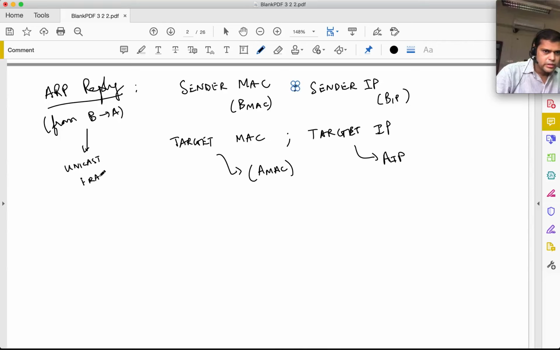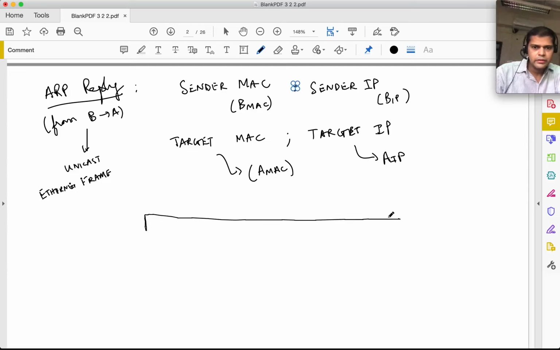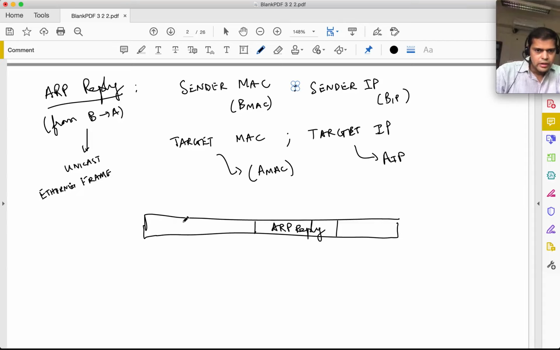So this is a unicast frame. Okay, so we send out an Ethernet frame which contains of course within this the ARP packet. So there's an ARP, let's say the reply here, and this is unicast, so this is not broadcast.